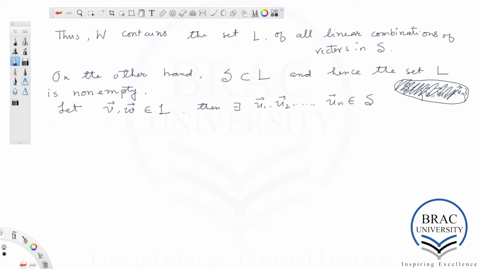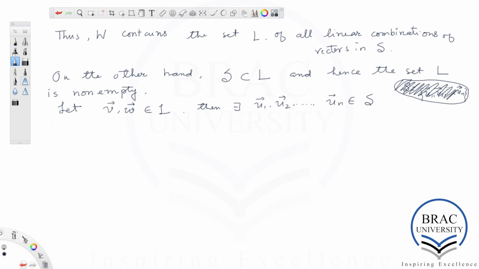Since v and w are linear combinations, and whenever we have a linear combination, we have a finite linear combination. There cannot be an infinite linear combination. So we can talk about a linear combination of n vectors from an infinite set.